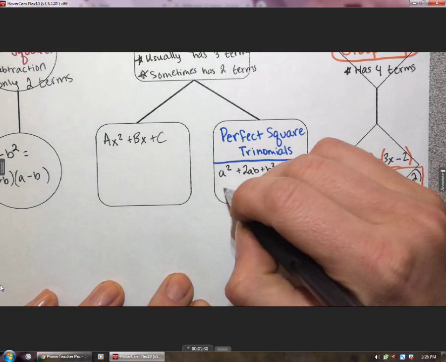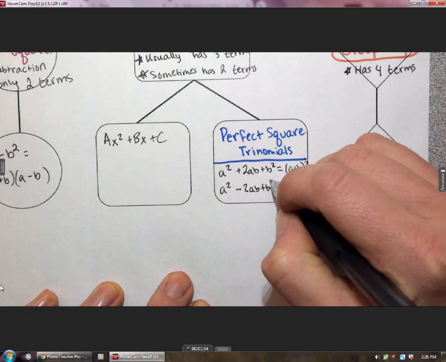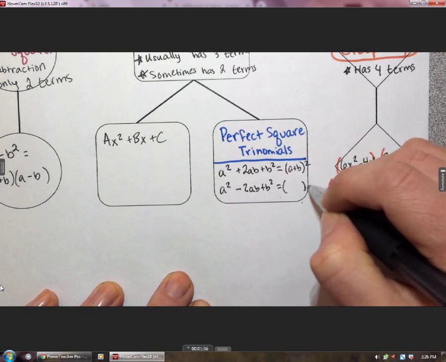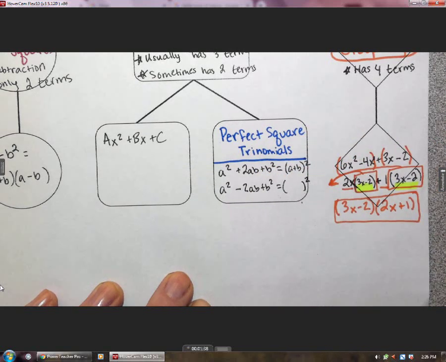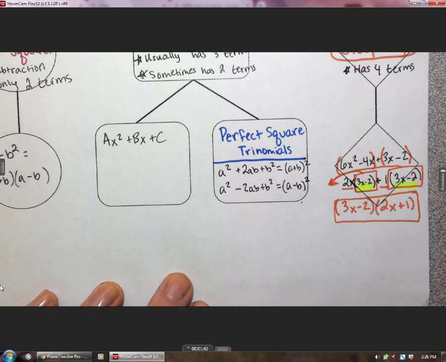Or it might be a squared minus 2ab plus b squared equals, anyone remember? (a minus b) squared. Okay, this is a little shortcut. It only works for perfect squares, and I'll explain how you know in just a second.